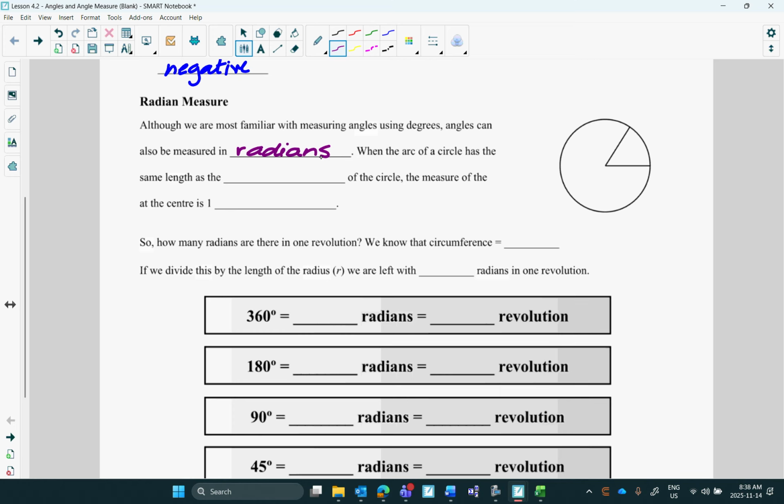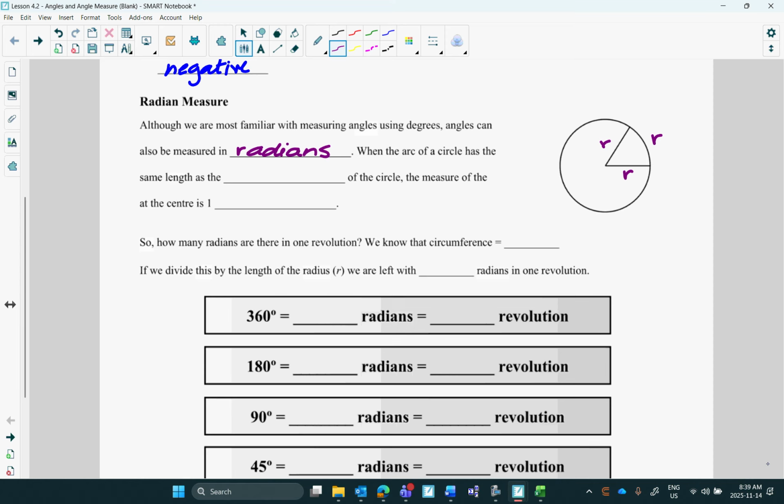Okay? The arc length, the measure of this angle in radians, will be equal to the radius of the circle. So if this is R and this is R, this length would also be R. So if this was 1 unit, centimeters, meters, whatever, this curved length here, this arc length, would also be 1.